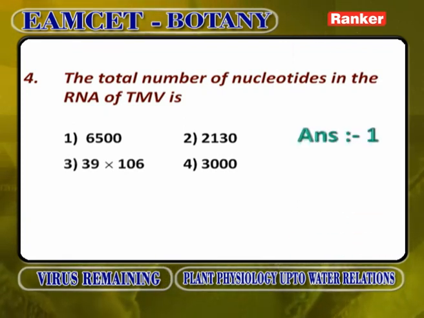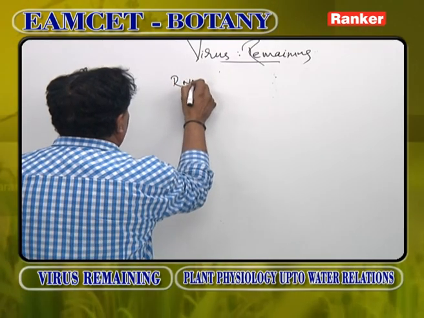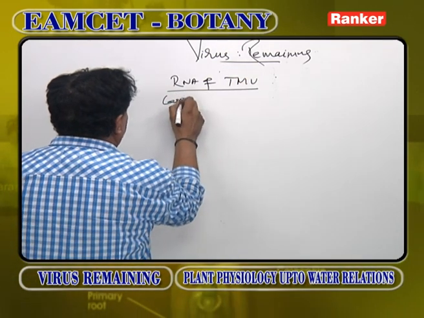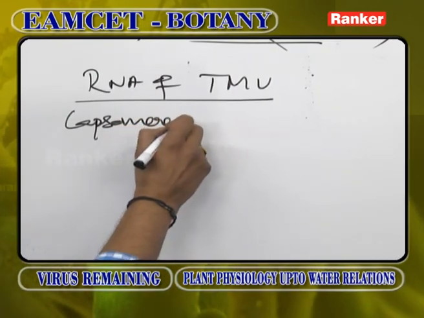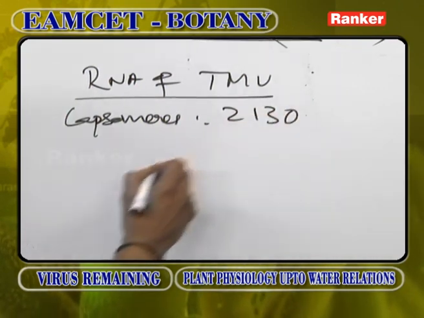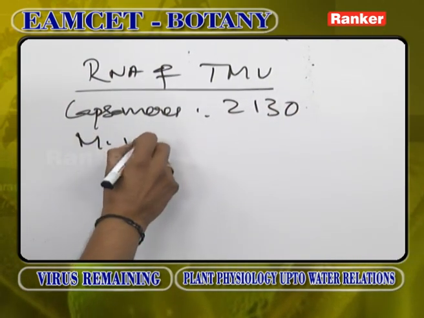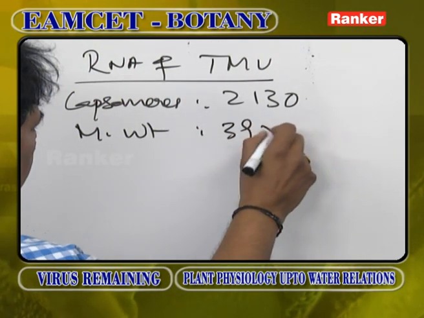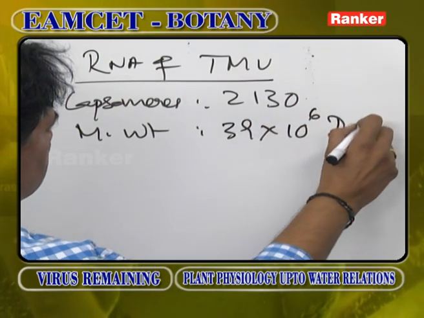The total number of nucleotides in the RNA of tobacco mosaic virus. The total number of capsomeres is 2130. The molecular weight is 39 × 10 power 6 Daltons.